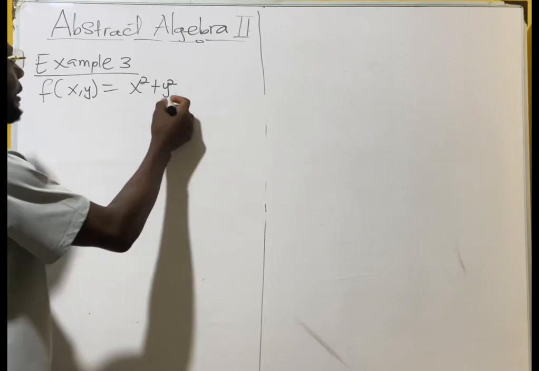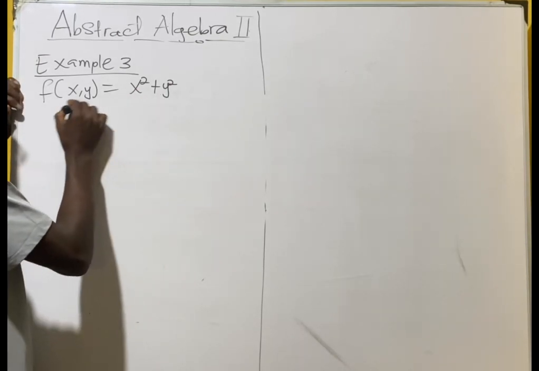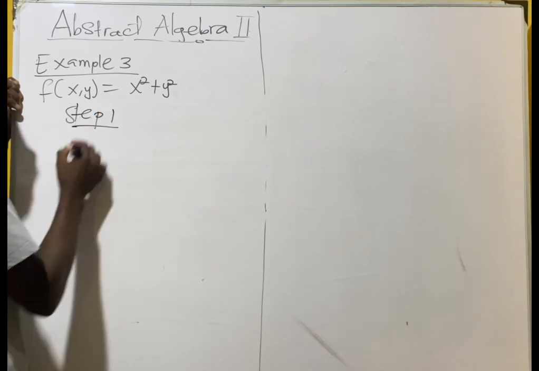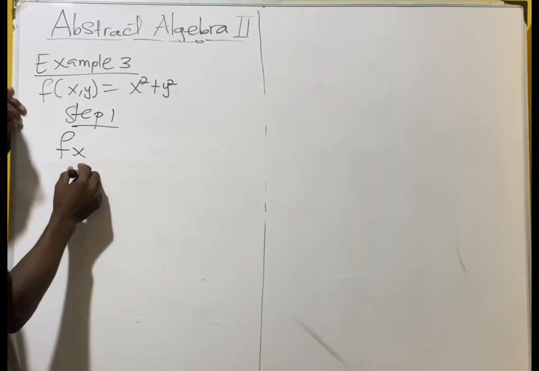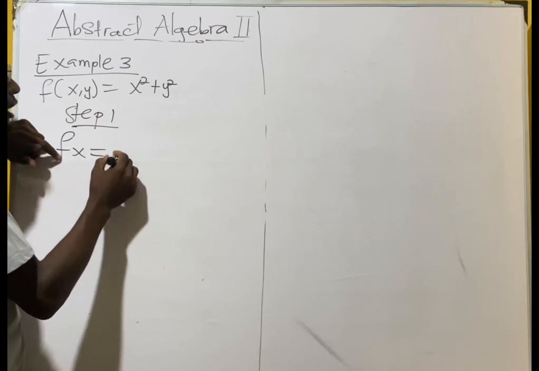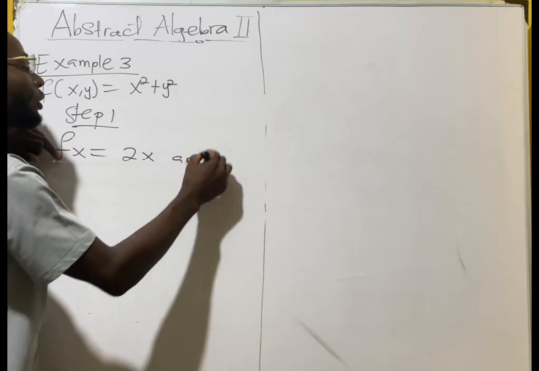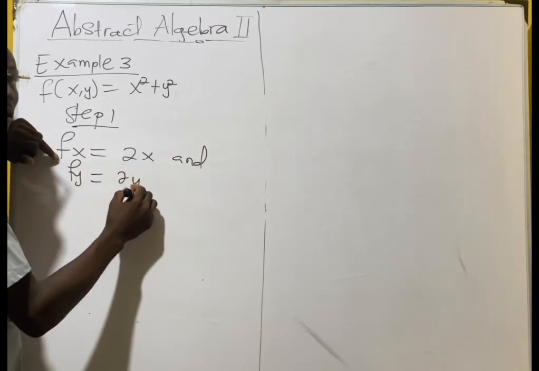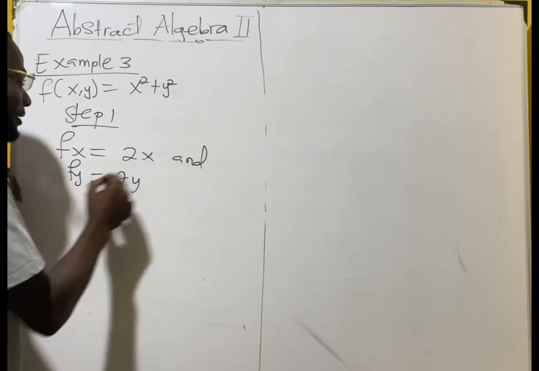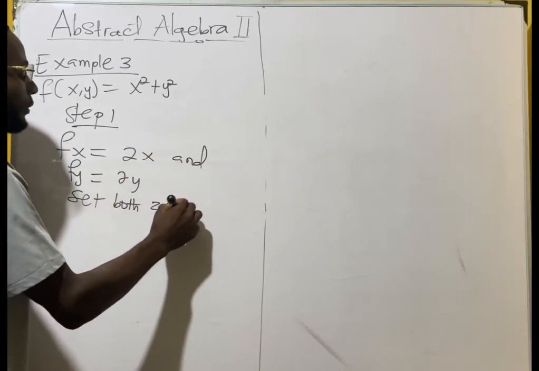So we have to determine the critical point first. So step 1, to determine the critical point, differentiate the function with respect to x. You're going to have what? 2x, right? And also with respect to y, you're going to have what? 2y, right? Set both to 0.